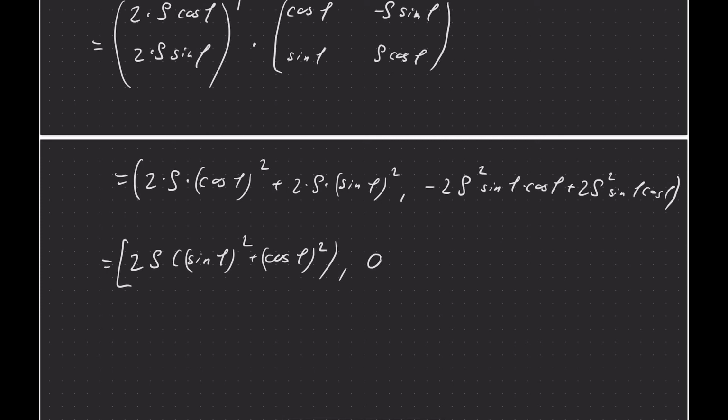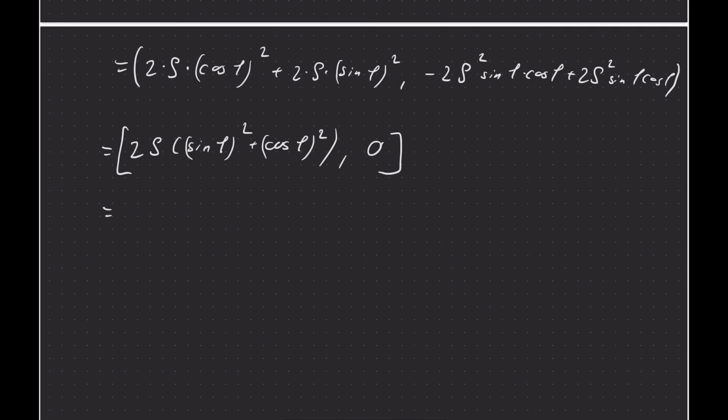So that cancels out and we get a 0 here. And finally, this expression here, sine squared plus cosine squared, that's 1. So what we get is 2 rho and 0. Well, that's the gradient of f in polar form. That looks quite easy. So you can see that f seems to be suitable for polar coordinates.